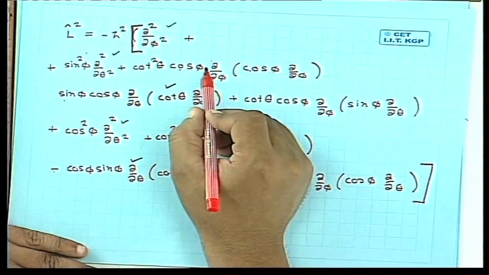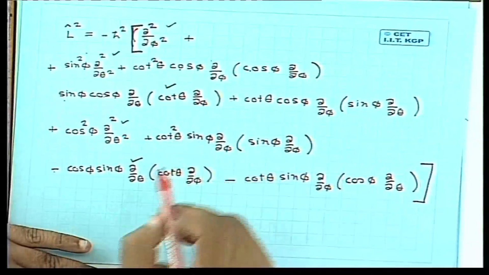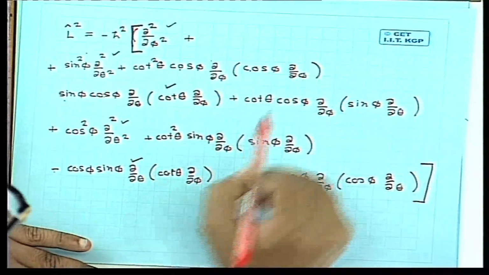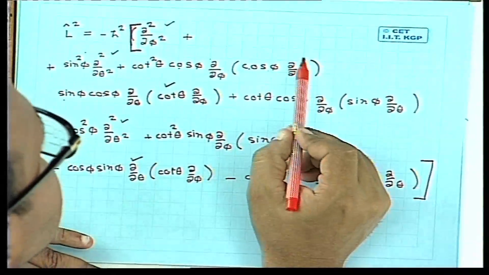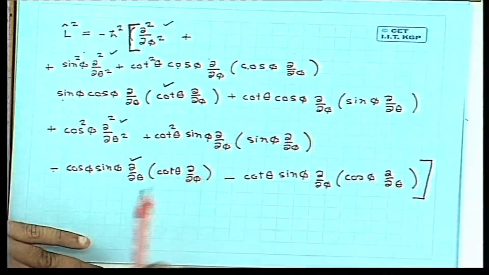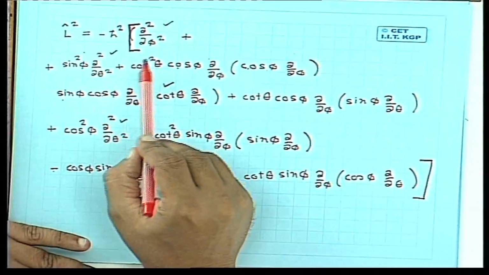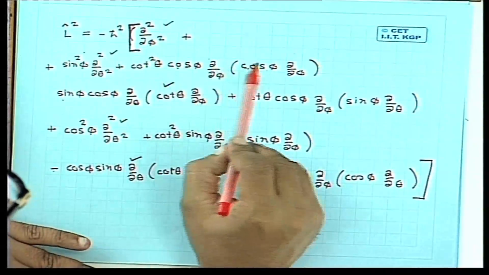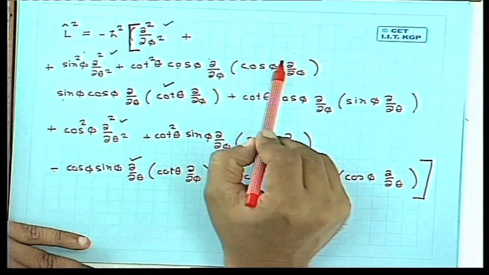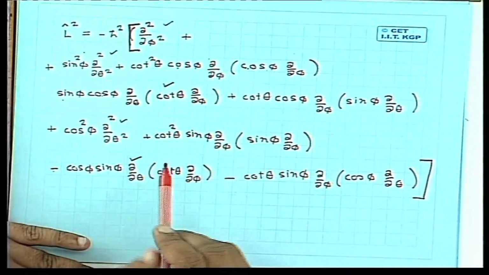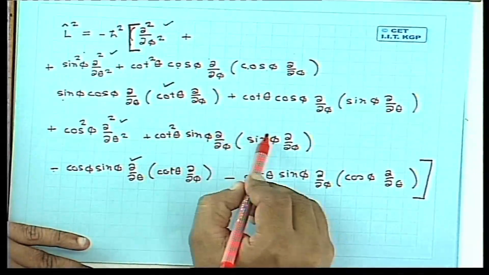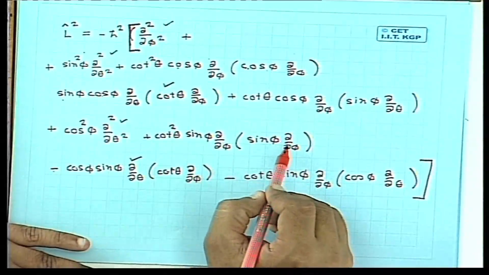So the only term which will not cancel out here will be when del by del phi goes through over here, and you will have del square by del phi square. So what you have is cot square theta into cos square phi del square by del phi square, and here you have cot square theta sin square phi del square by del phi square.